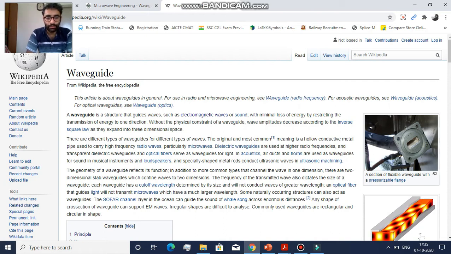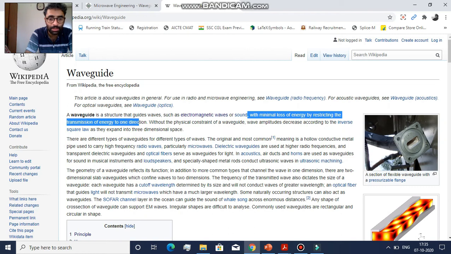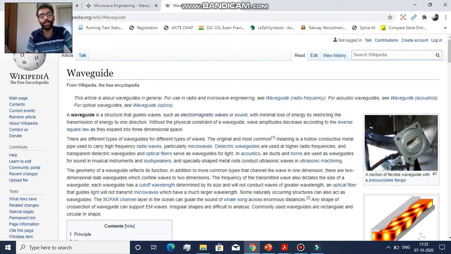First, waveguides are structures that guide waves, and especially we are talking in terms of electromagnetic waves, with minimal loss of energy by restricting the transmission of energy to one direction. So what exactly does the waveguide do?